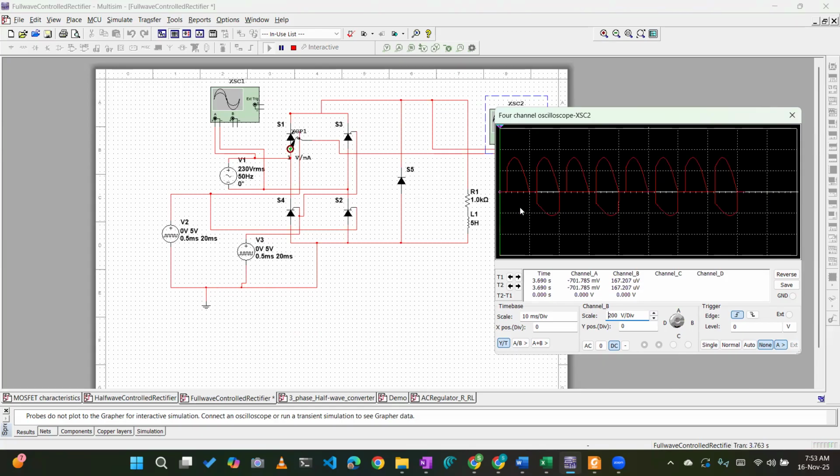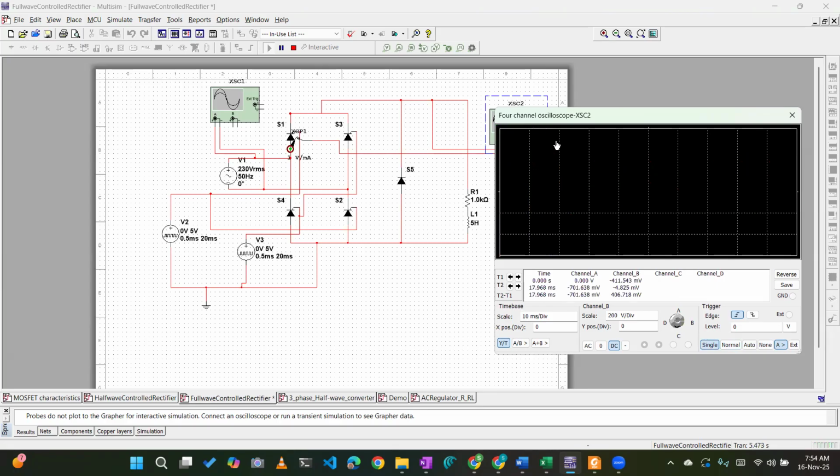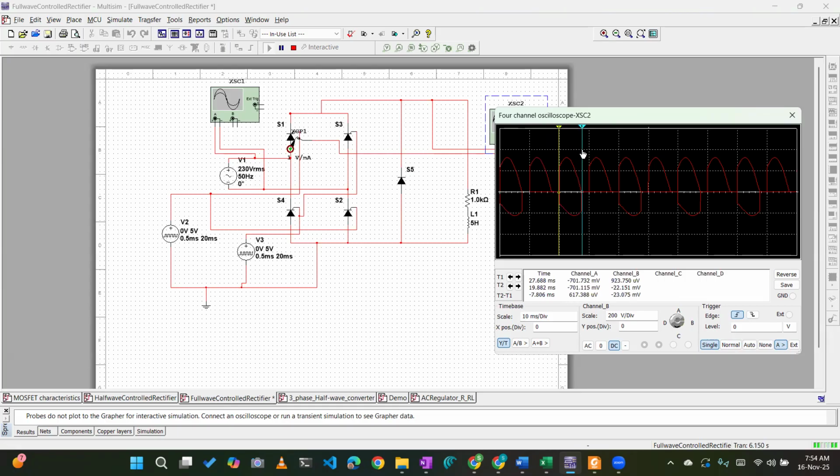So if someone asks you what is the conduction angle, what will you do? Normally triggering it at single, you will simply move the cursor. This time basically is from alpha to pi, which is approximately T2 minus T1, something like 8 milliseconds.